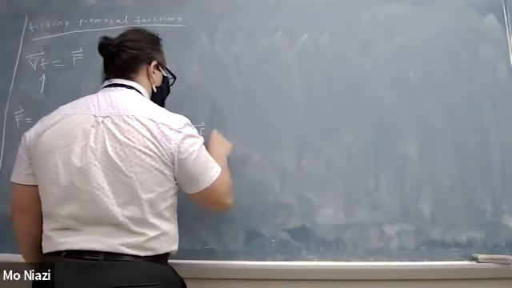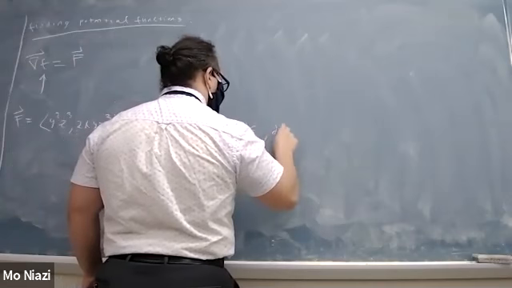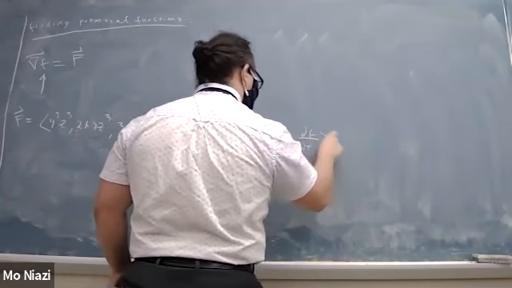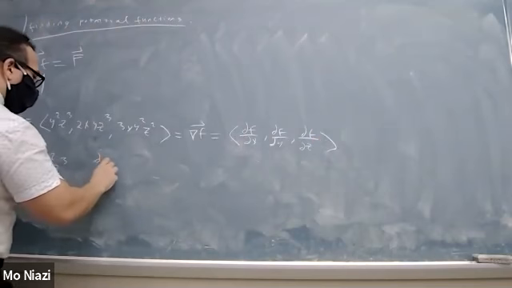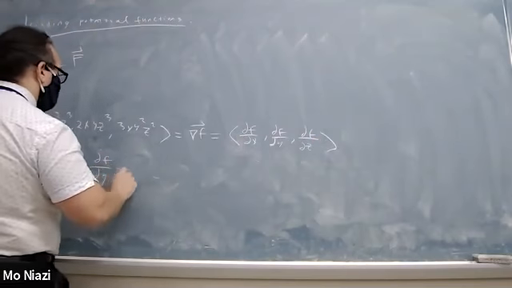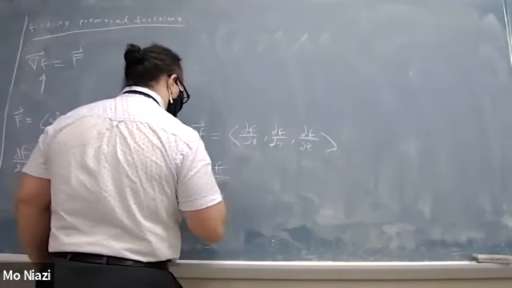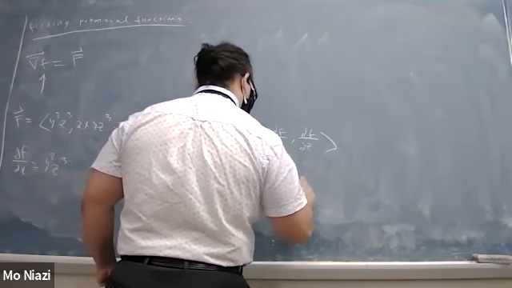That means this is equal to partial f, partial x, partial f, partial y, partial f, partial z. That means component-wise that partial f, partial x is equal to y squared z cubed. And that partial f, partial y is equal to 2xyz cubed. And that partial f, partial z is equal to 3xy squared z squared.